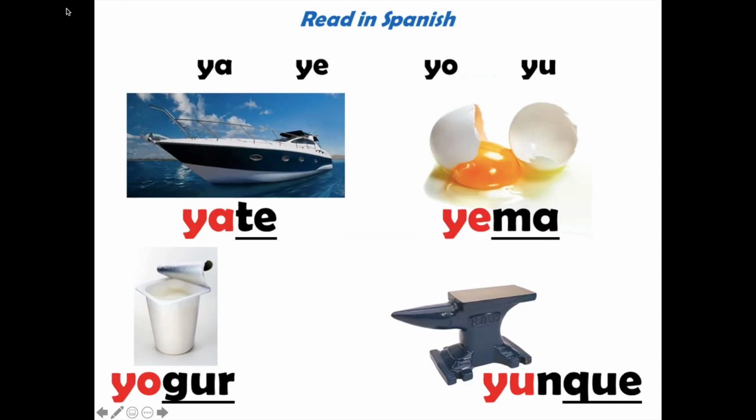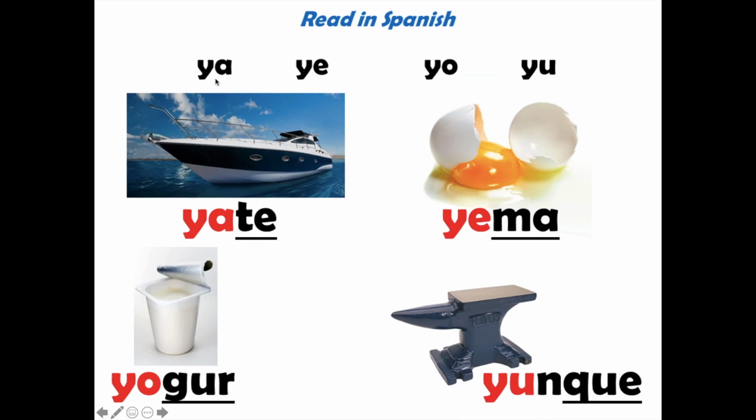Excellent. Now, ya, ye, yo, yu. You will ask, why don't you have yi? Well, we don't have enough words with yi that are actually Spanish words to just put it there. Probably if we have a word with yi, it's going to be borrowed from another language, and we just Spanish it.